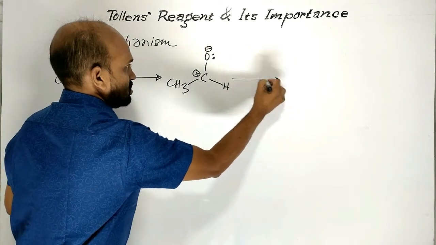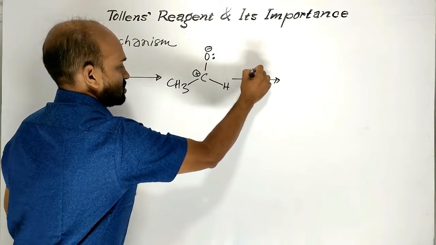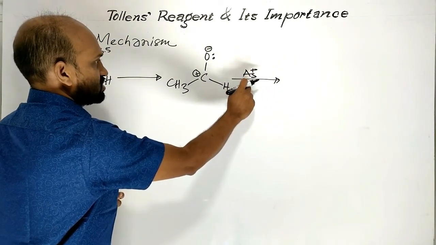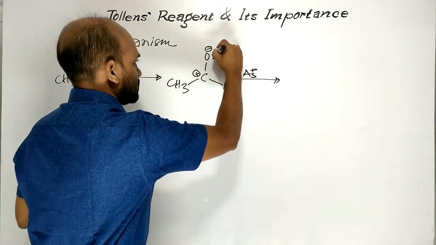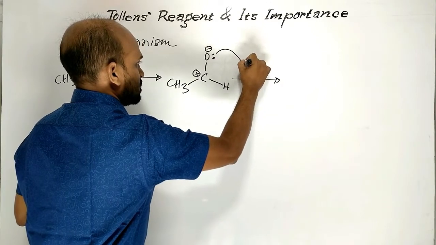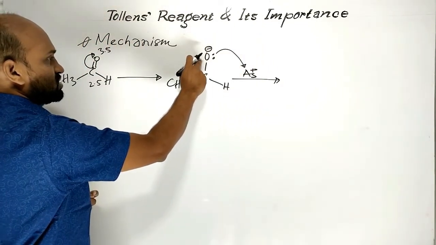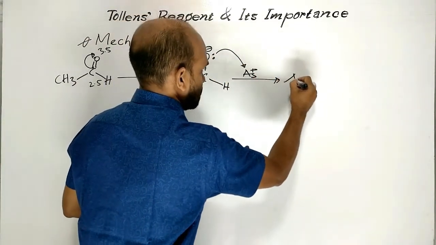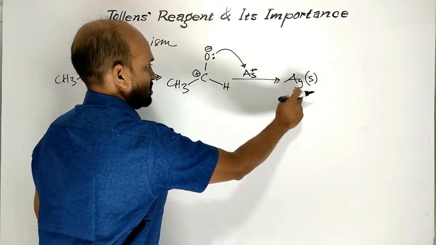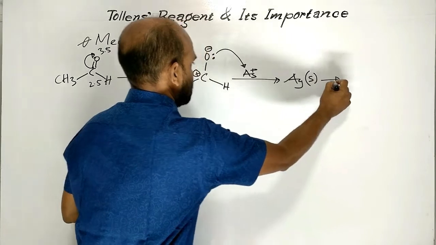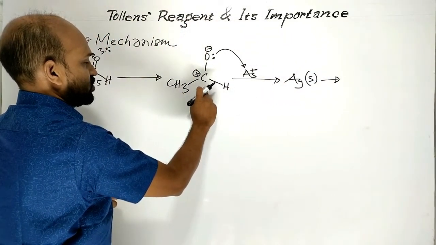Now the silver ion that remains in the Tollens reagent takes 1 electron from this ion and deposits as metallic silver. And here, what is obtained from this ion?